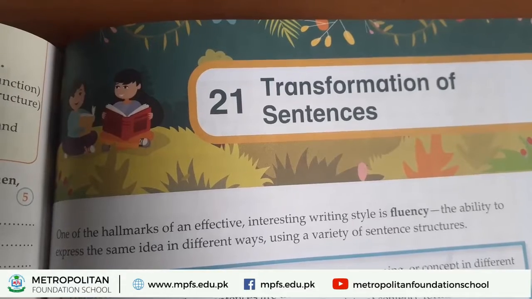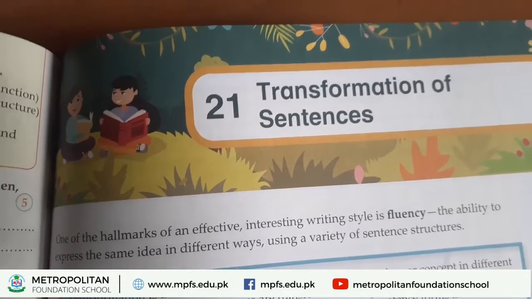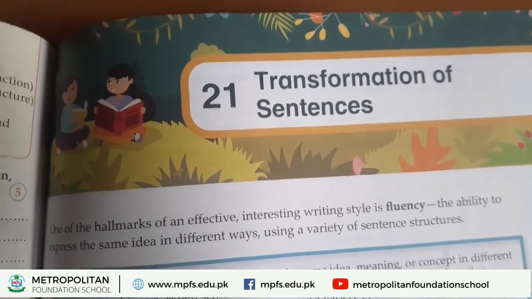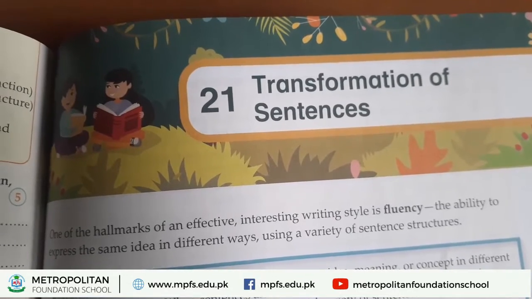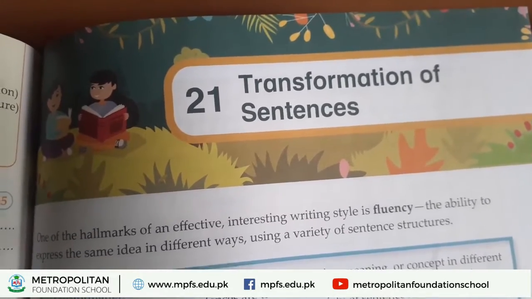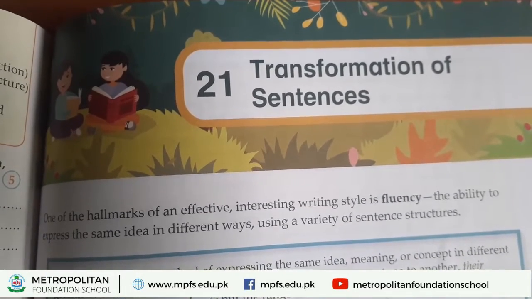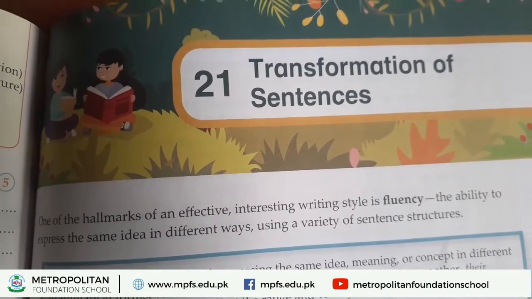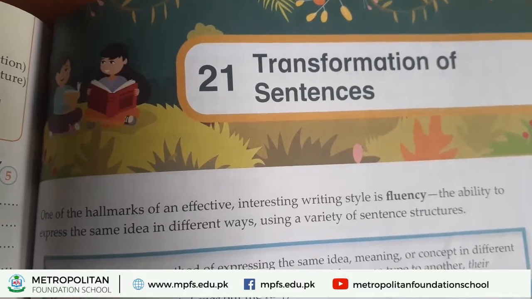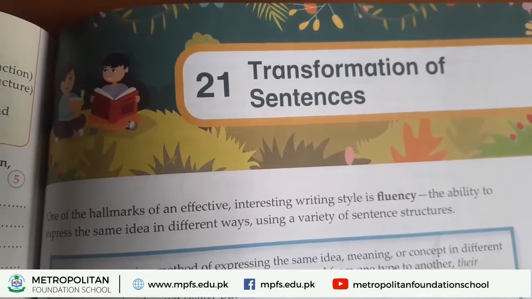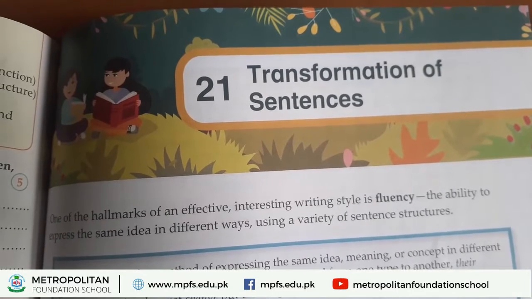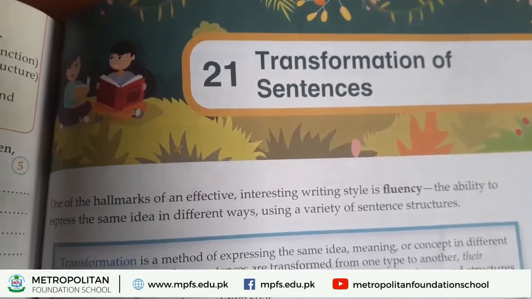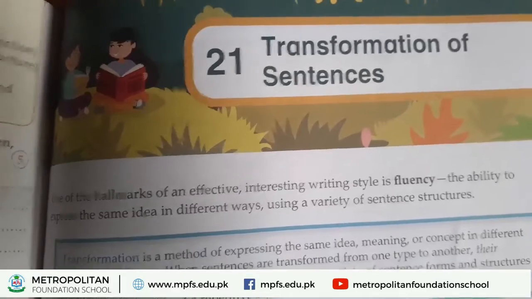In simple to compound transformation, a simple sentence can be converted into a compound sentence by replacing a word or a phrase with a coordinate clause, and the phrase is expanded into a coordinate clause. So a coordinating conjunction is used to introduce the clause, and that will be so, for, and other words too.